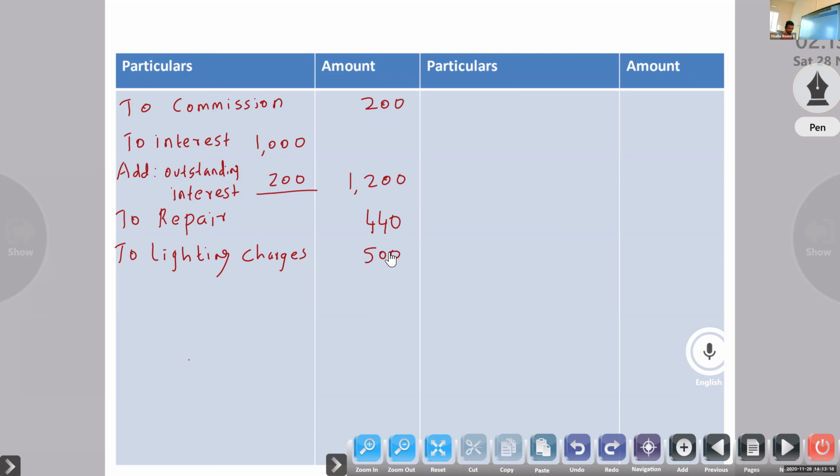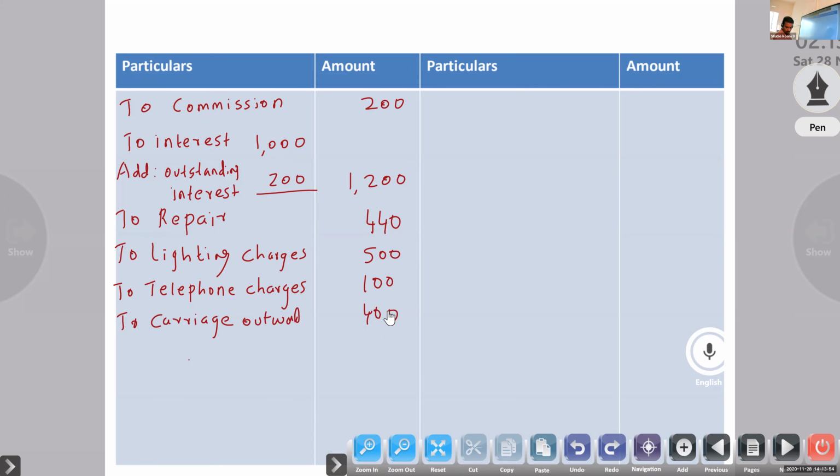Next telephone charges, no adjustment, 100. Next carriage outward, no adjustment, 400. Next motor car, asset only.